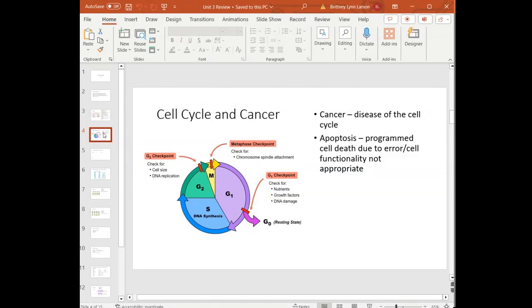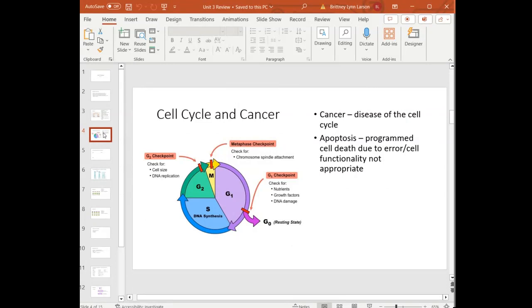And you can see that in G1, the cell is going through nutrients, growth, checking its DNA, and it has a checkpoint in G1 that says, are you good to go? And if yes, then it will move into the DNA synthesis stage of interphase. The S phase, or DNA synthesis stage, is where we do see the DNA get duplicated in order for it to move into mitosis or meiosis.